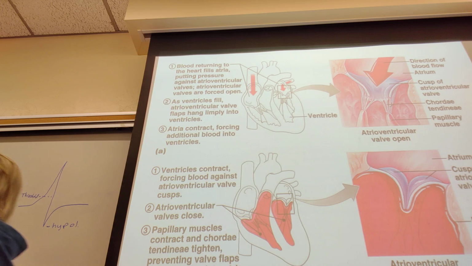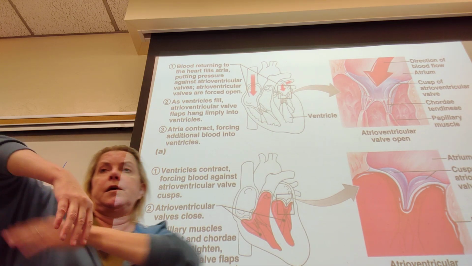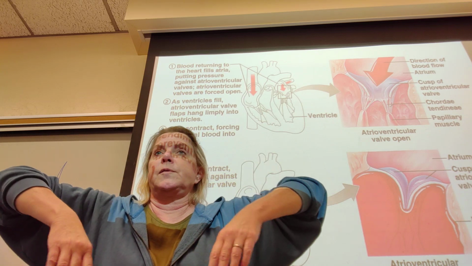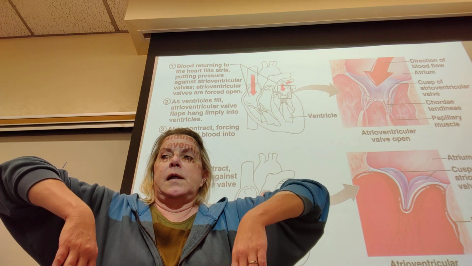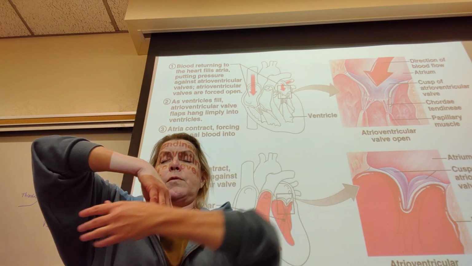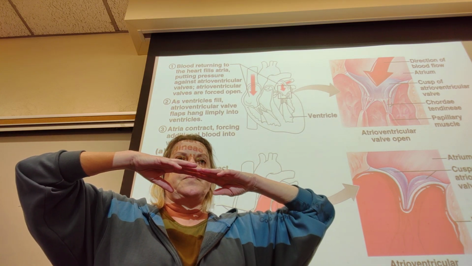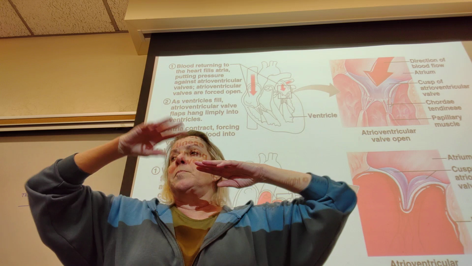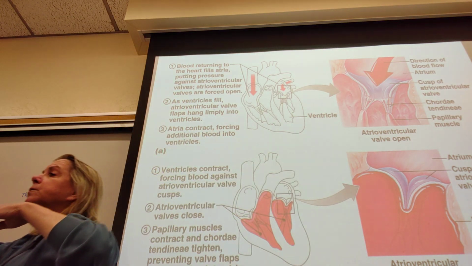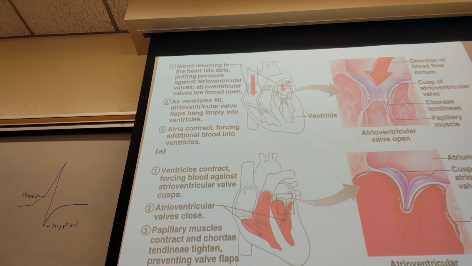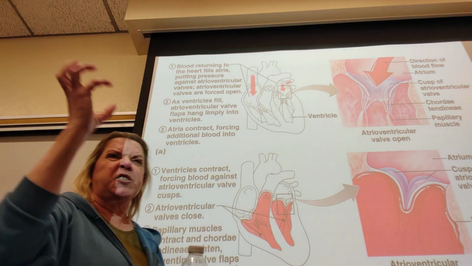And when the blood rises superiorly, it pushes underneath the AV valves. And as it pushes underneath the AV valves, they close. But the semilunar valves are still closed. And yet the ventricles are contracting.